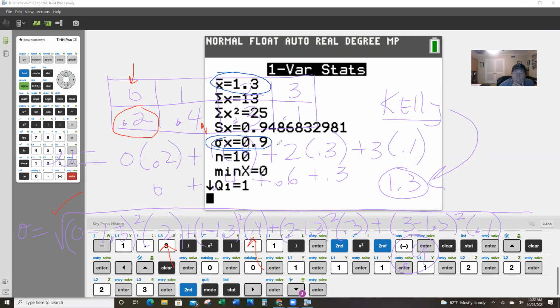In this case, you would use sigma, not S, because we're not saying this is a sample. This is the entire distribution. And if you remember, S stands for the standard deviation if you have a sample. It uses n-1. And sigma, this symbol sigma, is when the distribution is from an entire census.